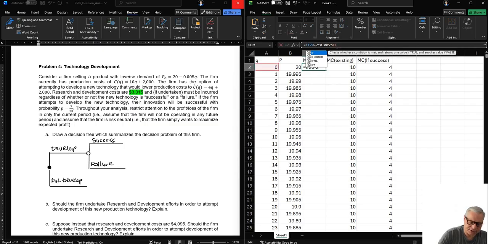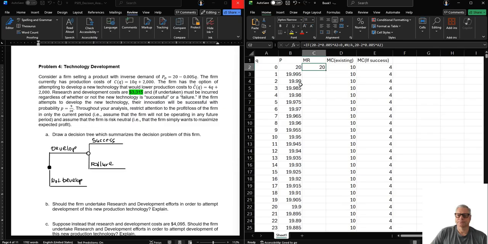So I will tell Excel, if this formula is less than 0, then enter that the number is non-available, but otherwise use this formula. So that means after a quantity of 2000, there will be just NAs.